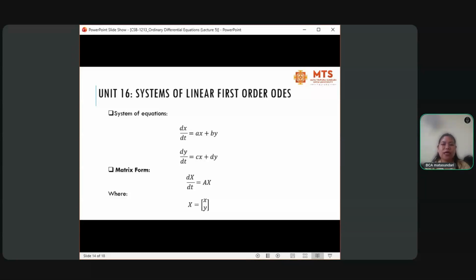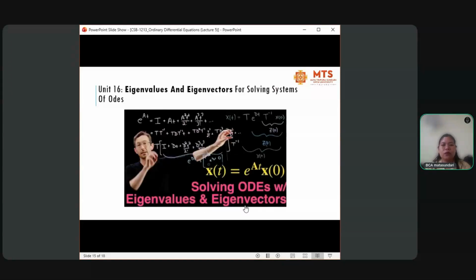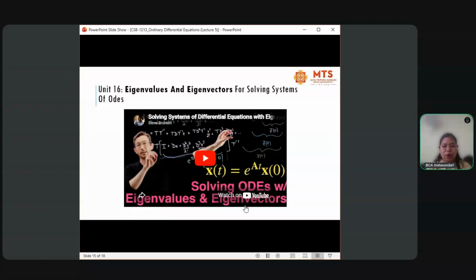The coefficients a, b, c, d are constants here. In matrix form, dX/dt, where capital X is the vector of x and y, equals A X, where A is the matrix. Now in Unit 16, eigenvalues and eigenvectors for solving systems of ODEs. So let us see one video of how it's solved.